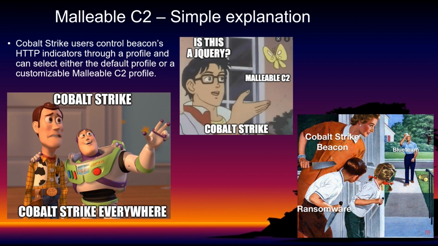A malleable C2 profile makes Cobalt Strike difficult to detect. The profile specifies how the beacon will transform and store data in a transaction. This is one of the most valuable features.